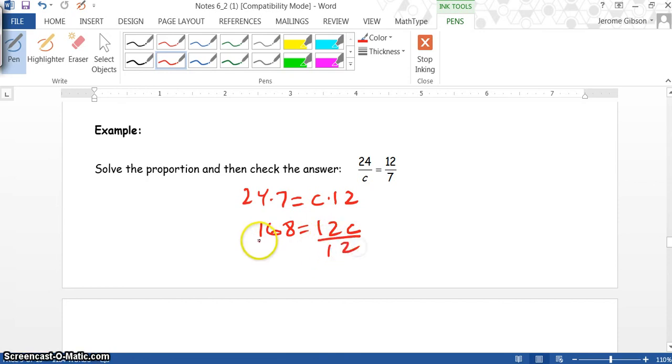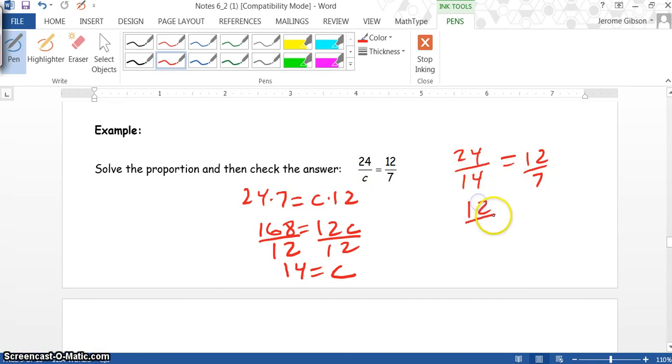Now we will divide each side by 12, and we will have 168 divided by 12 is 14, and that equals c. Now we want to go through and check this. So what we would do is go back to the original problem and substitute in 14 for c. Now if you notice here, we could simplify 24 and 14. You divide both by 2, and that will give you 12 over 7 equals 12 over 7. So this is correct.